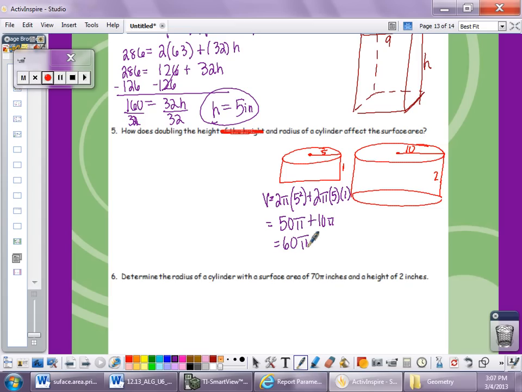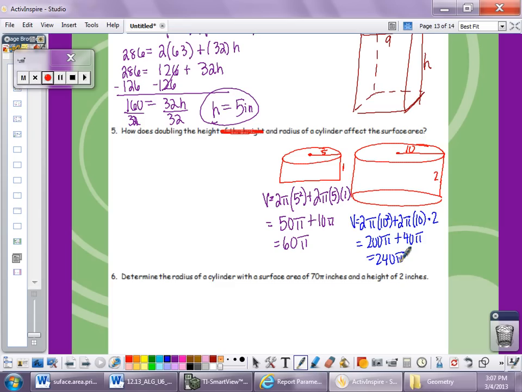And if I do the surface area of this one, it is 2 pi times 10 squared plus 2 pi, my r is 10, because this is the circumference right here, times my height of 2. And this gives me 200 pi plus 40 pi, and this is 240 pi.